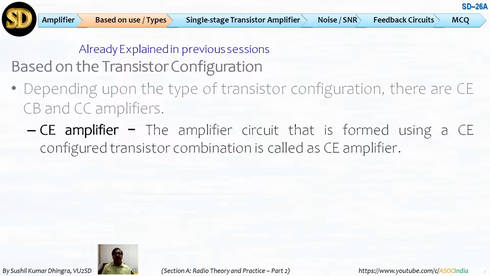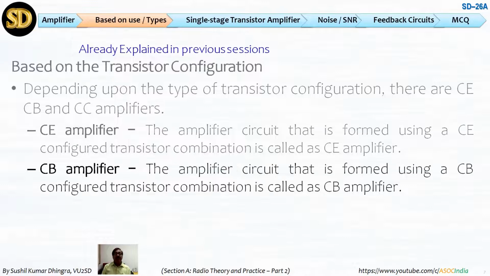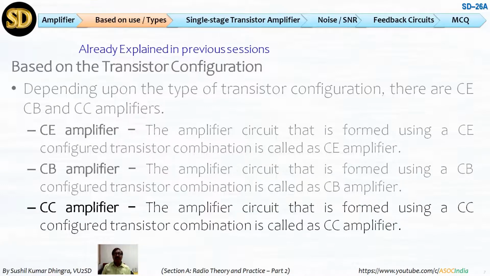Common emitter amplifier means the amplifier formed using common emitter configuration, and same way common base and common collector, and they have different parameters. Already explained in the previous session. If you have not seen, kindly see that first, then only you will understand. I am not going to re-explain here.